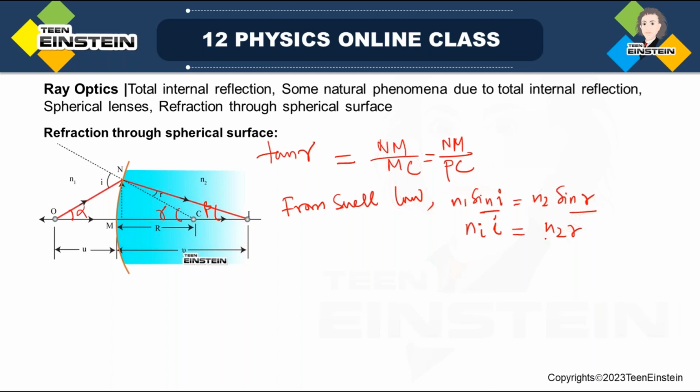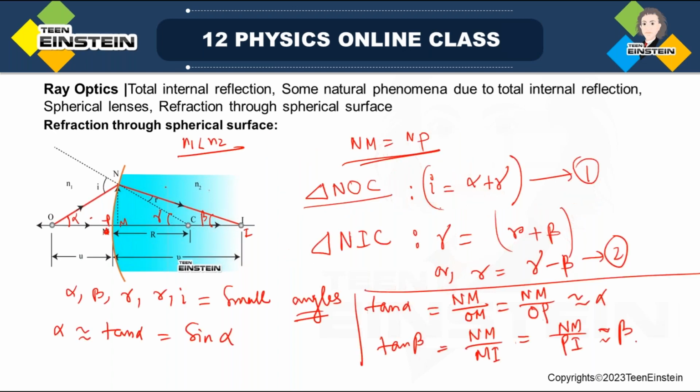Now this I and R, we'll just put the value. So this is N1, we'll put the value of I and R. I was alpha plus gamma, right?